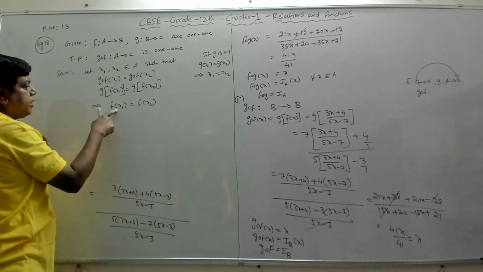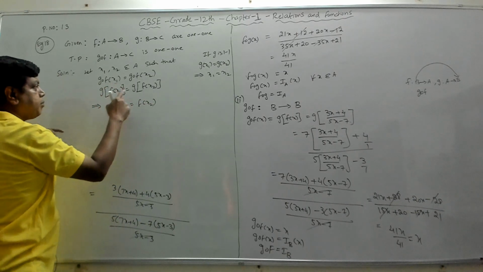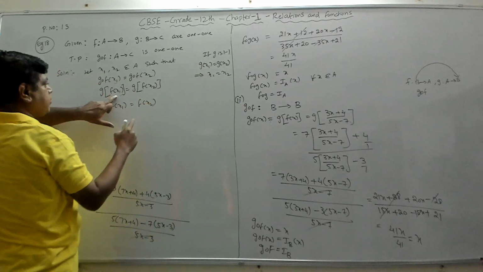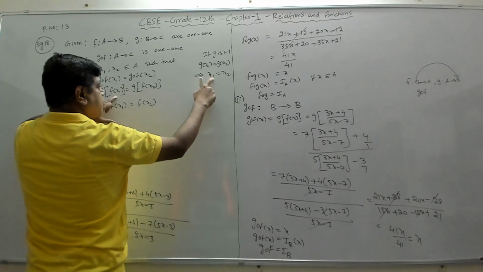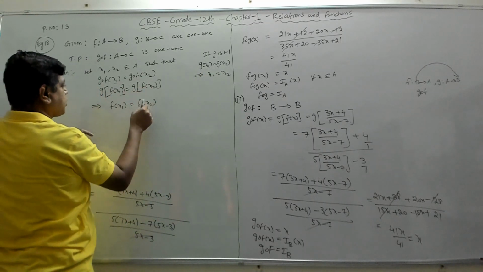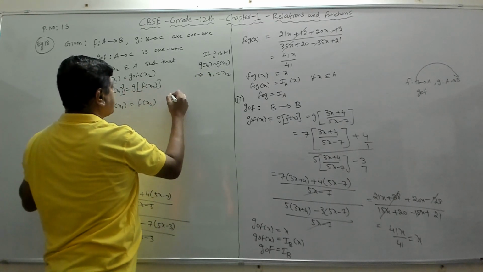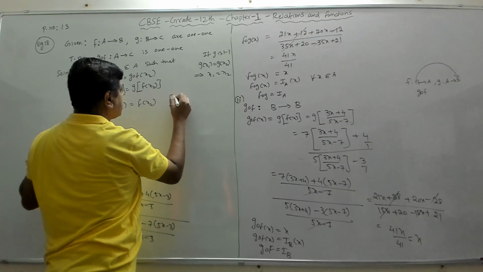I write f of x1 because this is your x1. You compare this with this. In the place of x1, you have f of x1. In the place of x2, you have f of x2. So I have to say x1 equal to x2, which means f of x1 equal to f of x2, because g is 1 to 1.